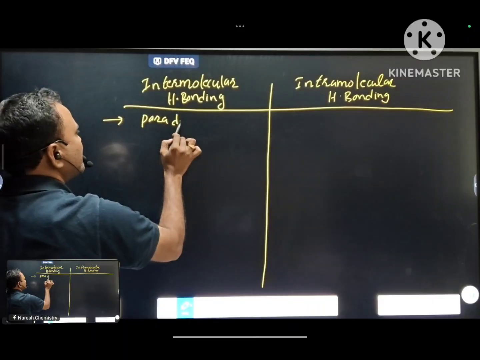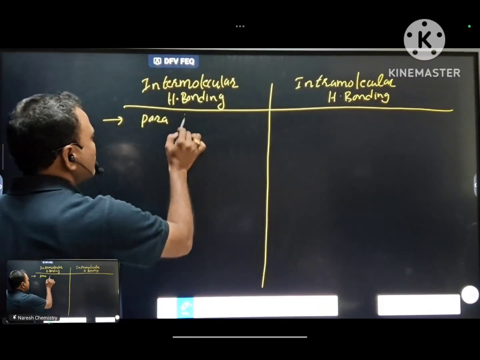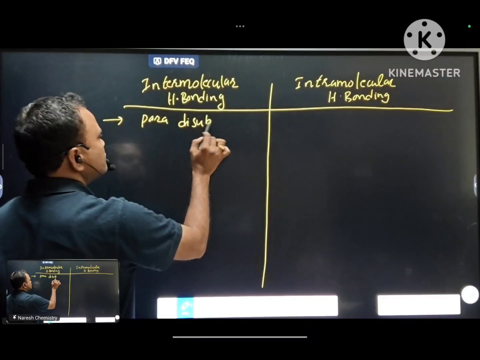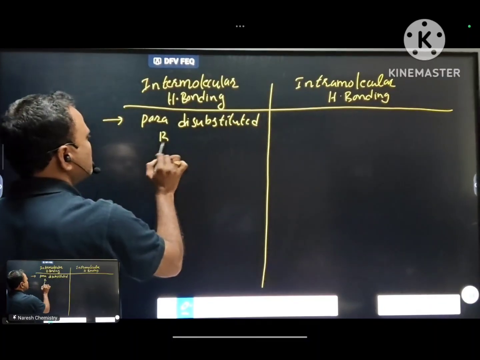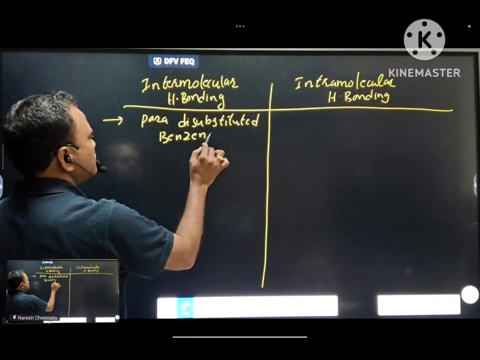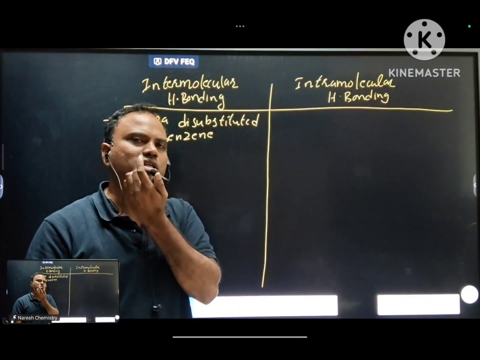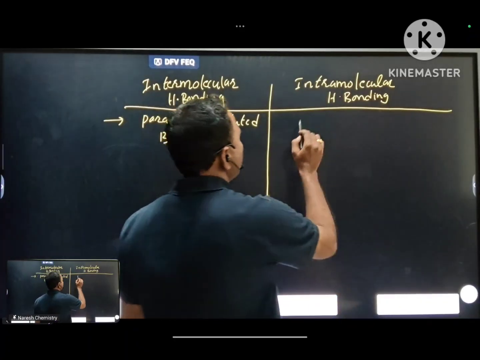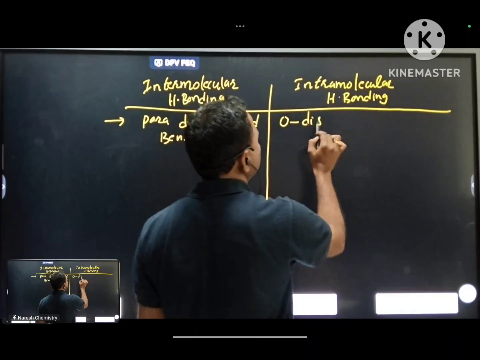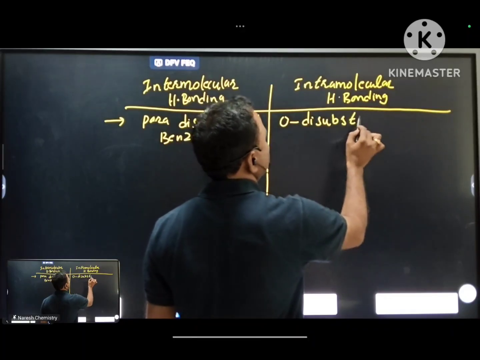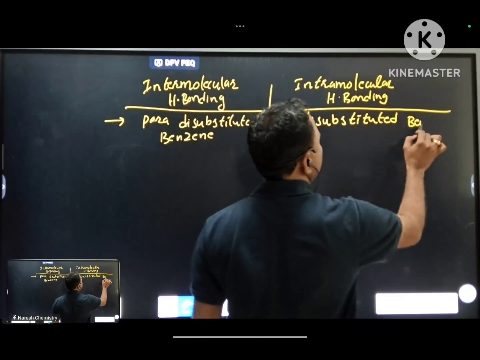Para disubstituted benzene. Whenever you observe para nitrophenol or para fluorophenol, that comes under intermolecular, para disubstituted. Intramolecular is ortho disubstituted benzene.